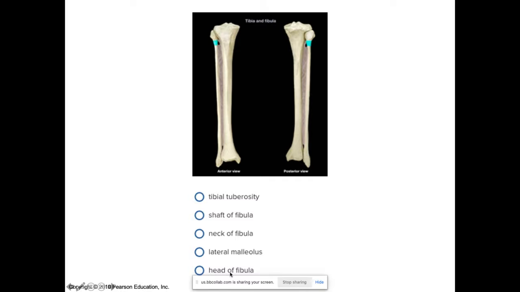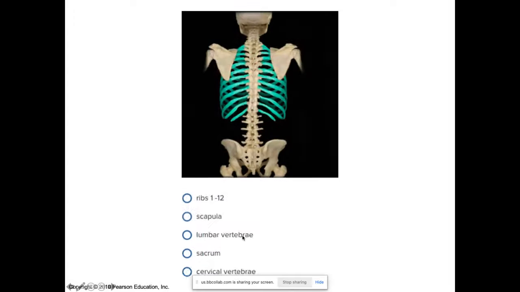The head of the fibula is way up at the top. Just remember, tibia is the thicker bone. Fibula, just remember you tell a small fib. So the fibula is the smaller leg bone. What's below your head is your neck, so that's the neck of the fibula.